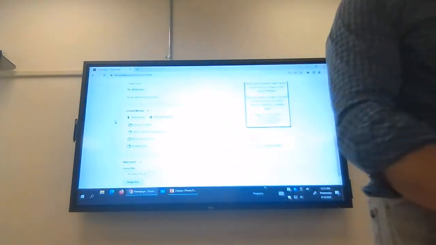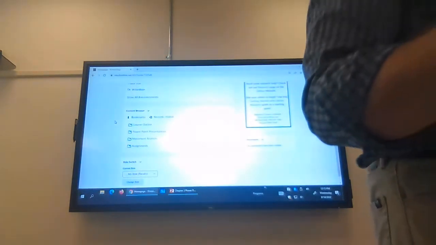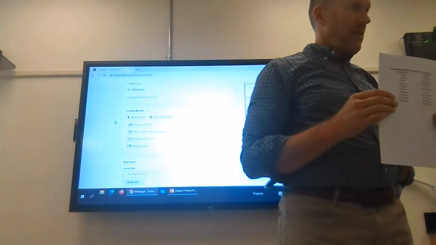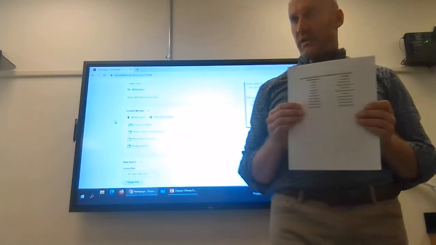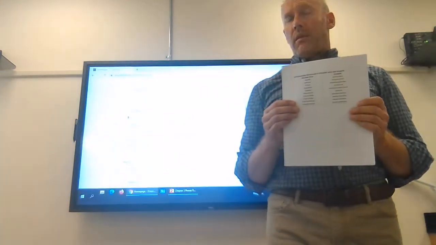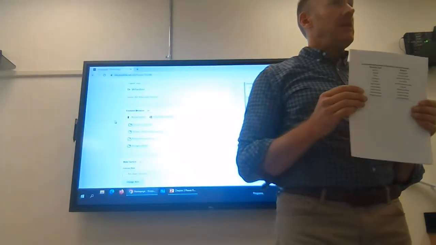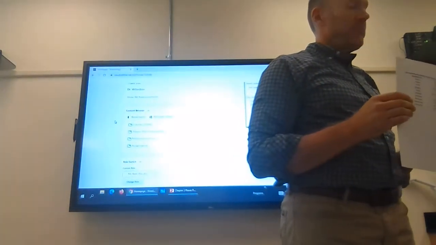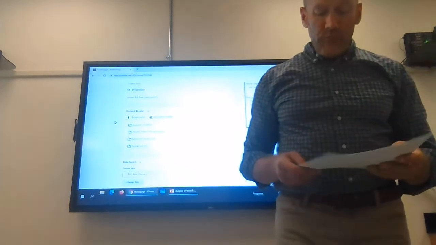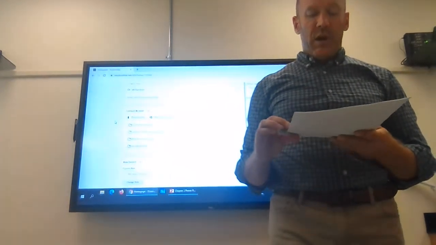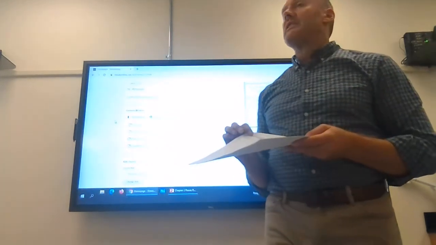So this is a handout that I made from your textbook. We're going to go with this textbook in terms of muscles that promote joint actions. What you have here on the first page is corresponding movements of the shoulder joint and scapula.